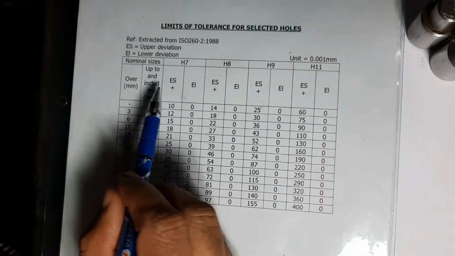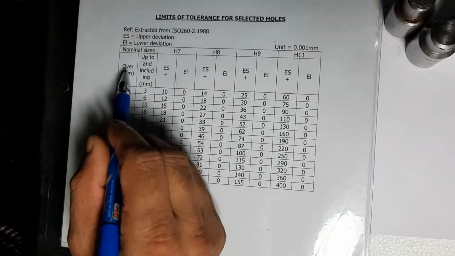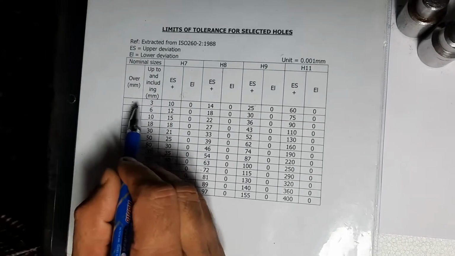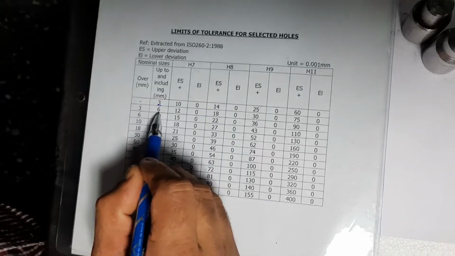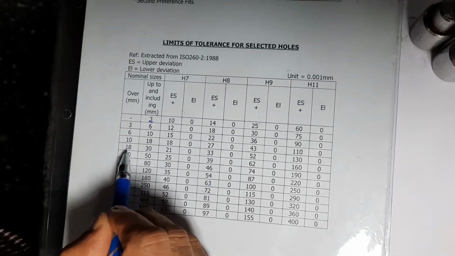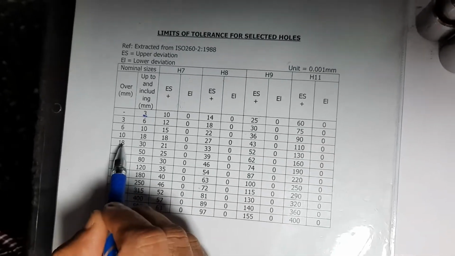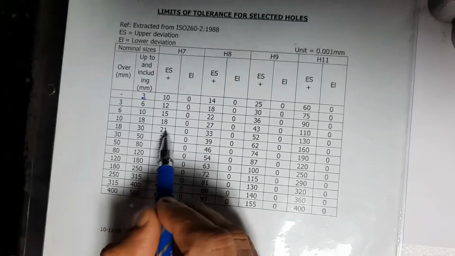These are the nominal sizes of the hole: 0 to 3 mm, 3 to 6 mm, 6 to 10, 10 to 18, 18 to 30. So our hole comes in this range, 18 to 30.